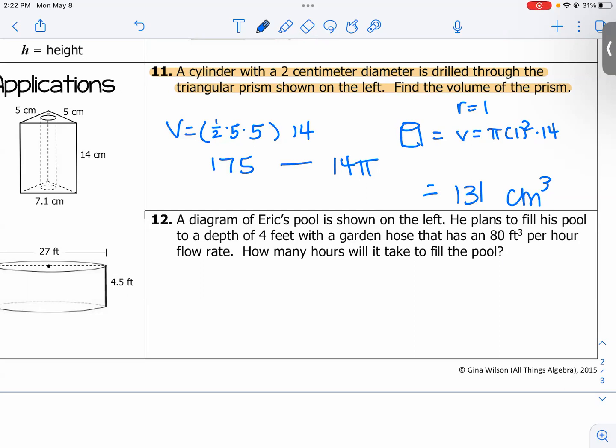Yeah, the radius is 1. Okay, Henry is gonna sit right here, or would you rather sit back there? Okay. Yeah, so 1 through 11 on the next 2 pages.